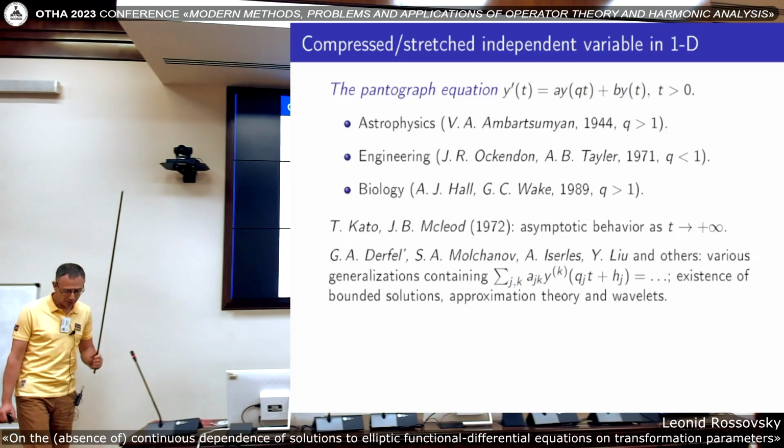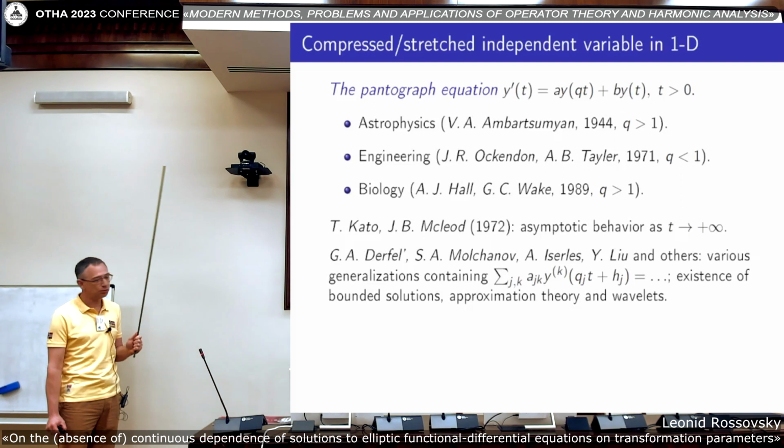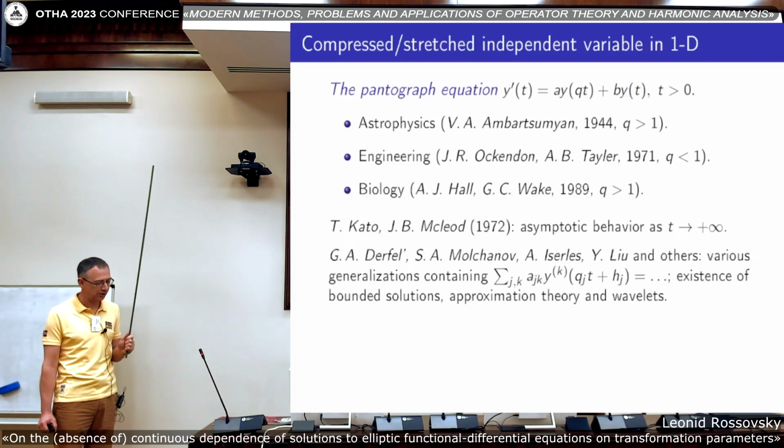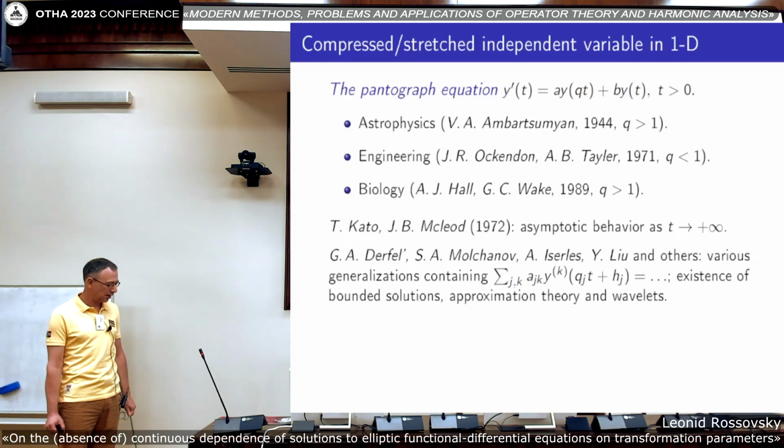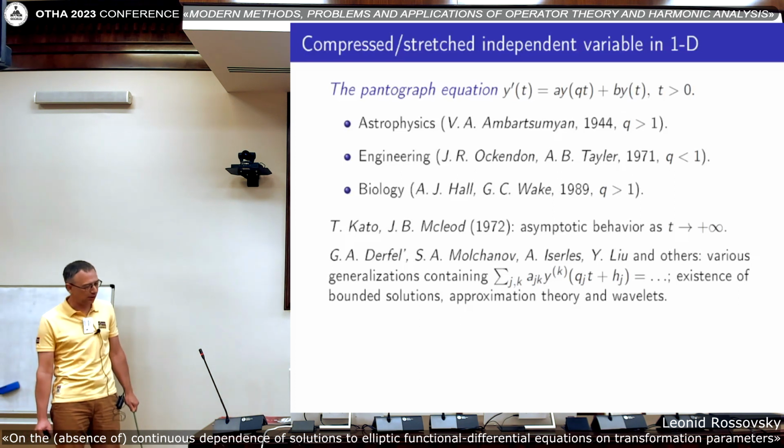The surge of interest in the pantograph equation falls on the 1970s due to an engineering application, namely a mathematical model for the dynamic interaction between a contact wire and a locomotive current collector system.